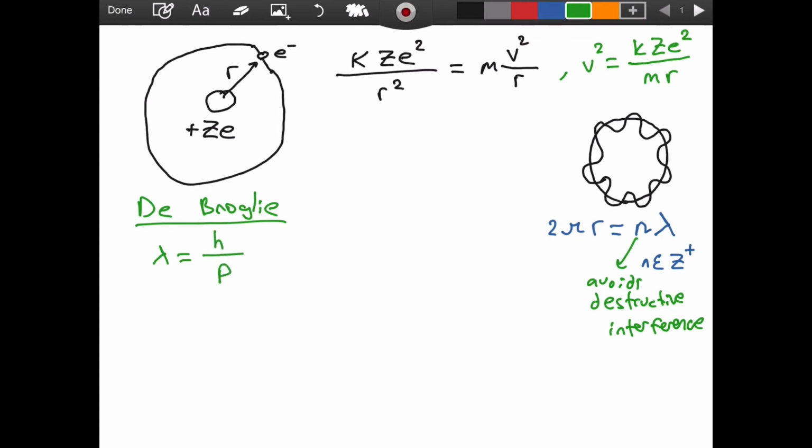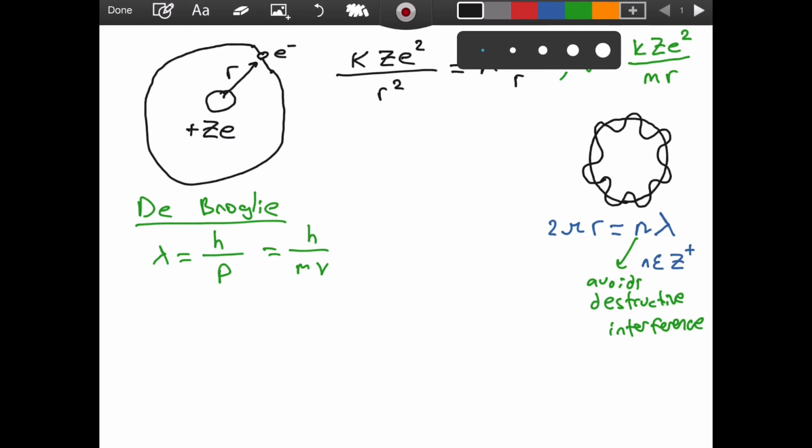What is h? H is called Planck's constant. What is p? P is the momentum. So we can represent it as h divided by mass times the velocity. Okay, this comes from de Broglie's hypothesis. There isn't really a proof for this. This is just a hypothesis, and it works out very good. It works out just fine.